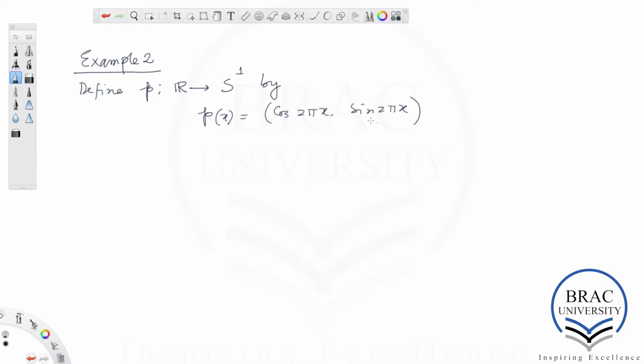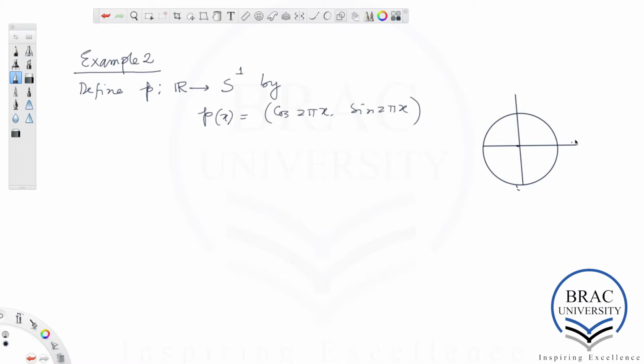Alright, so let us draw a circle first. We have a circle here, a perfect circle, with the center at the origin, the x-axis given by this line and the y-axis given by this line.